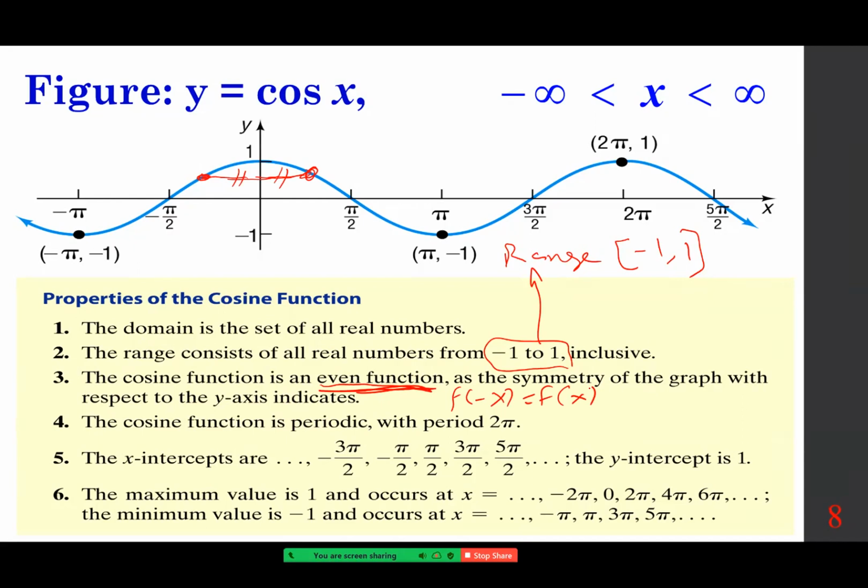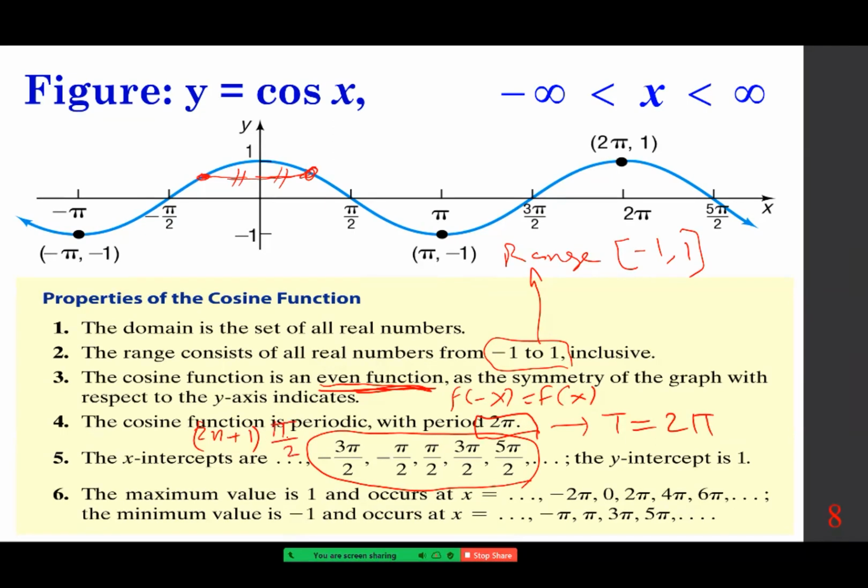Now, it has the same period as the regular sine function, t equals 2 pi. And the x-intercepts are multiples of pi over 2 as long as they are odd. And these multiples are sometimes written as 2n plus 1 times pi over 2, because 2n plus 1 represents an odd number.